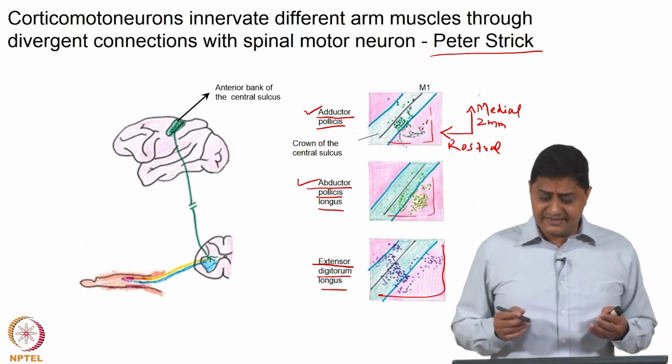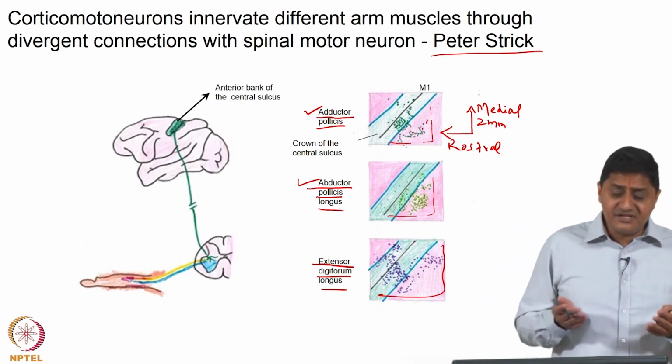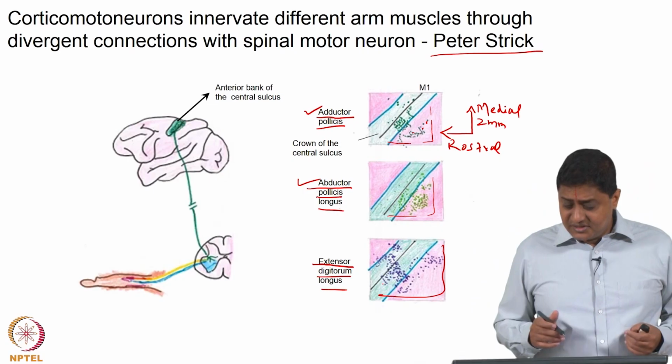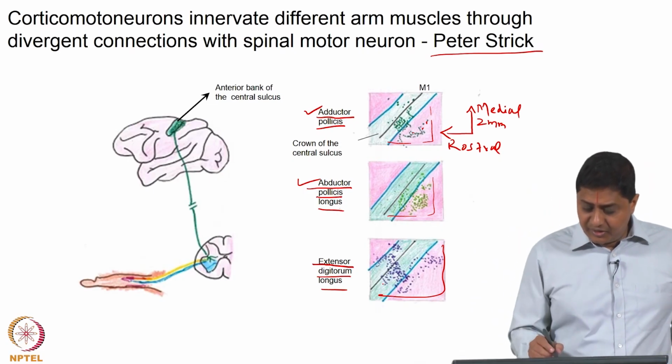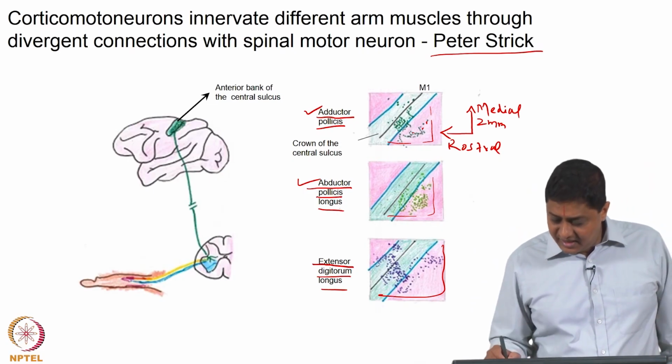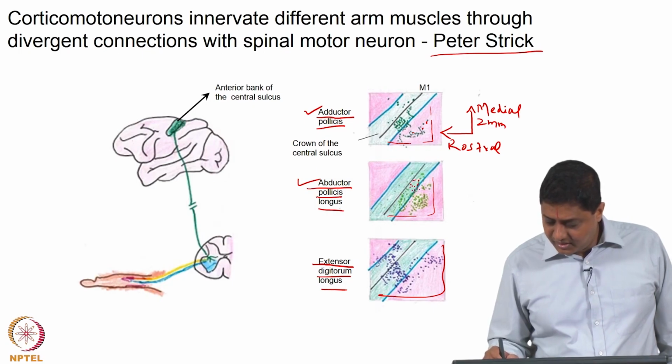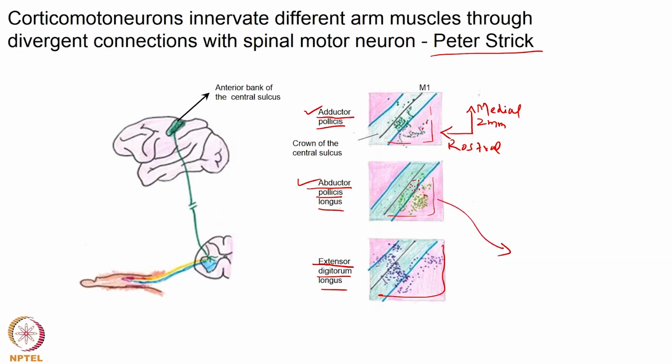What this means is that there is both divergence and convergence. From a particular neuron or from a particular area there may be projections to multiple muscles. Let us call this muscle 1, this muscle 2, and let us take a different color for muscle 3, and so on and so forth.